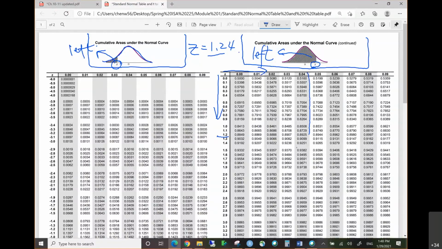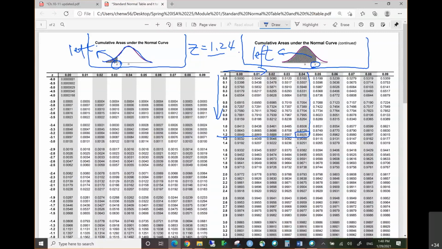Now combine these two together. That means 0.8925 is the probability to the left of 1.24. This 0.8925 is the probability that is less than 1.24.